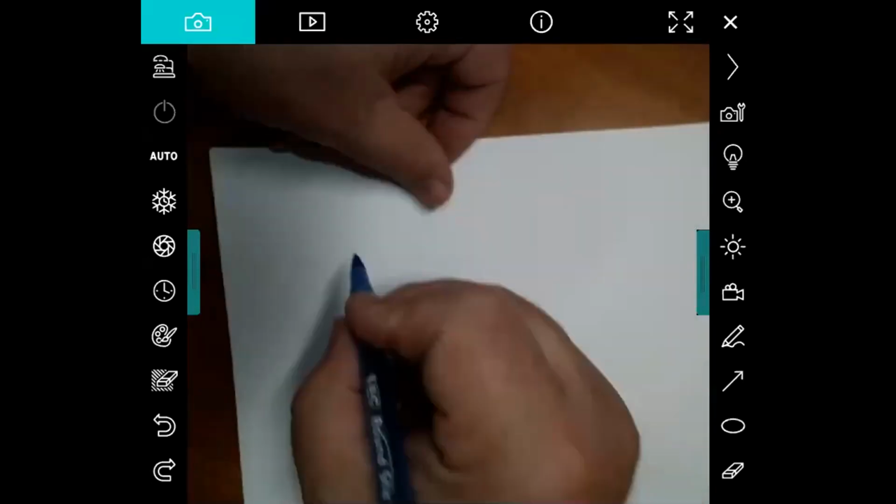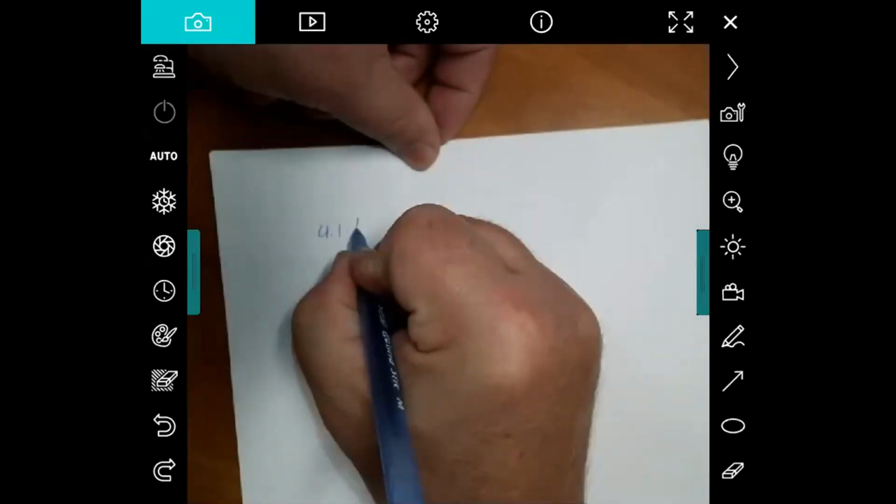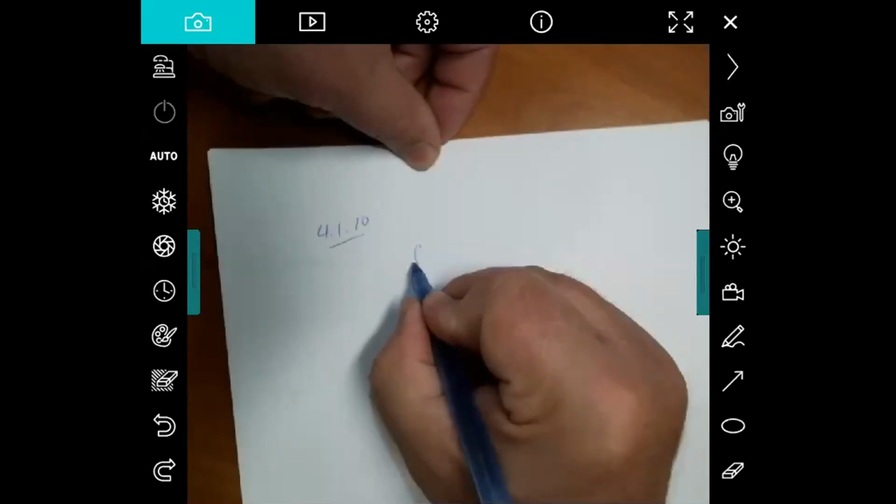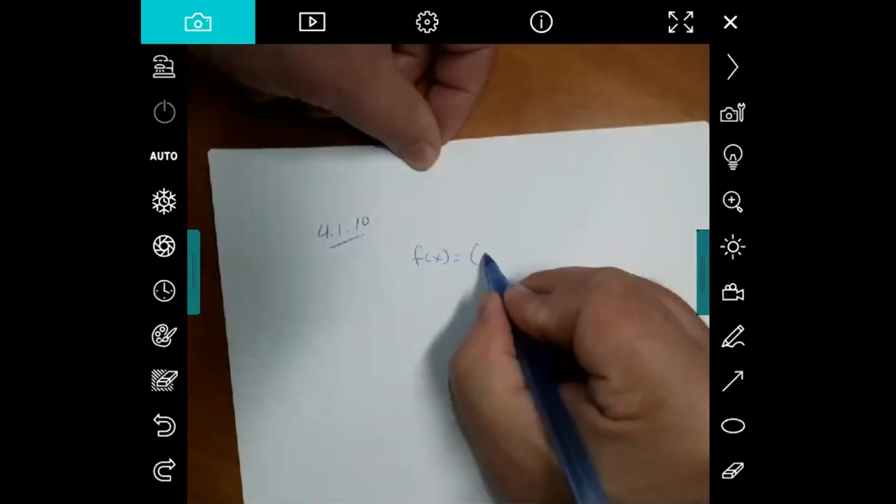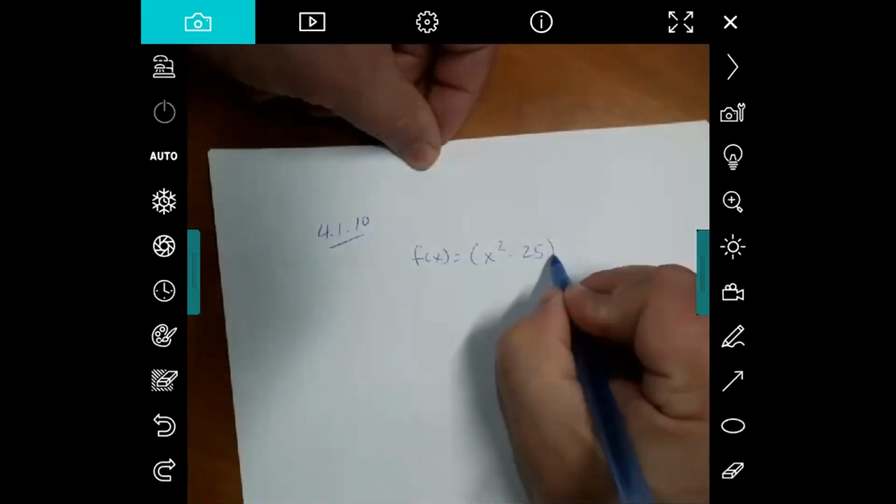All right. f of x equals (x squared minus 25) to the 5th.